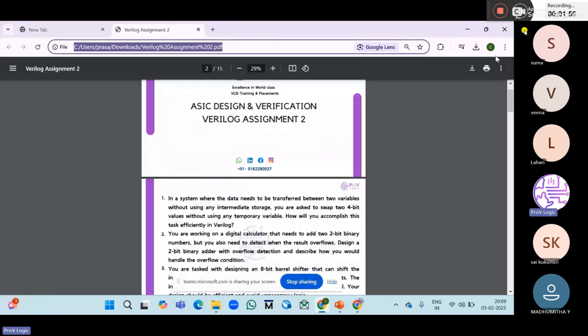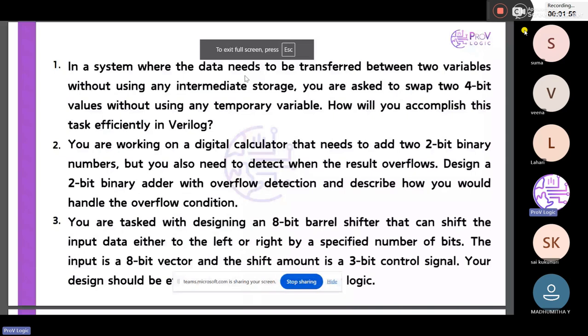So in assignment 2, the first question is: in a system where the data needs to be transferred between two variables without any intermediate storage, you are asked to swap two 4-bit values without using any temporary variable. So how will you accomplish this task efficiently in Verilog?